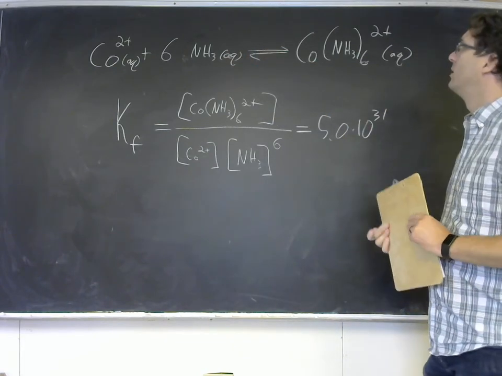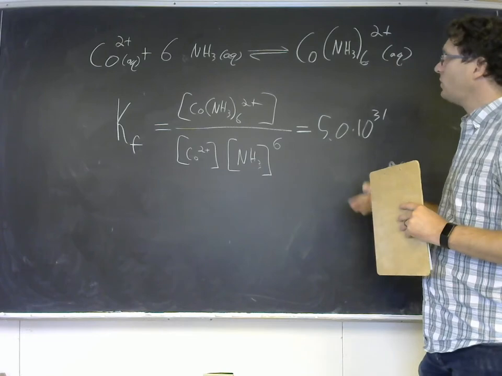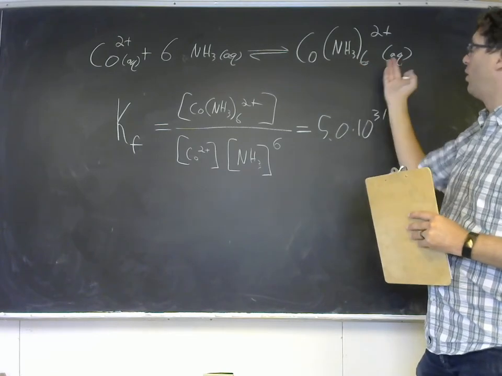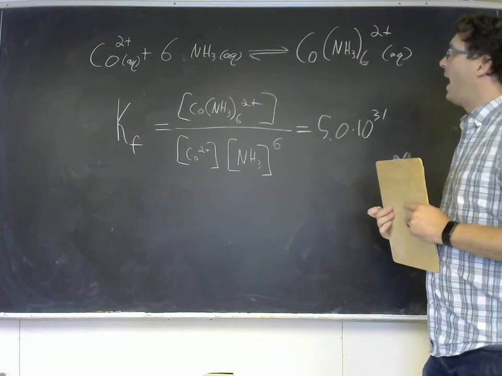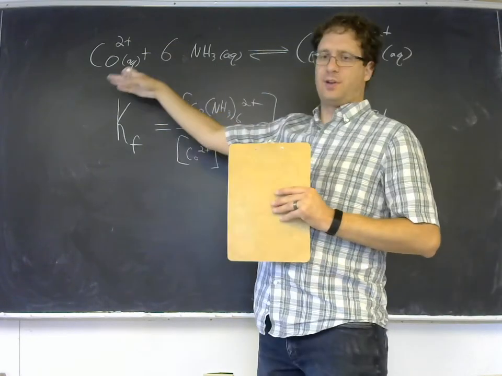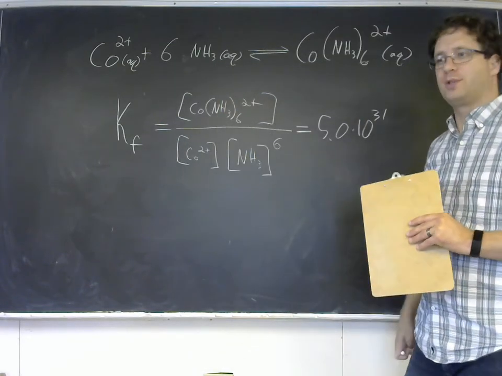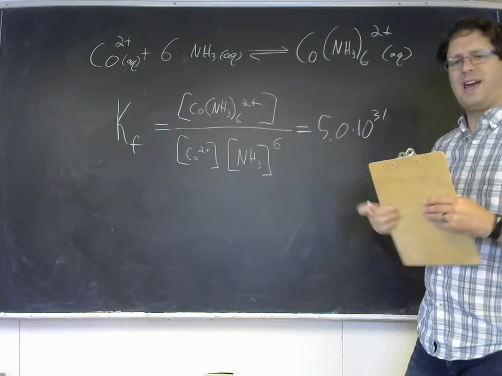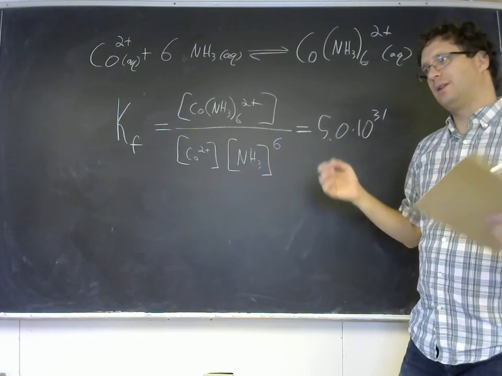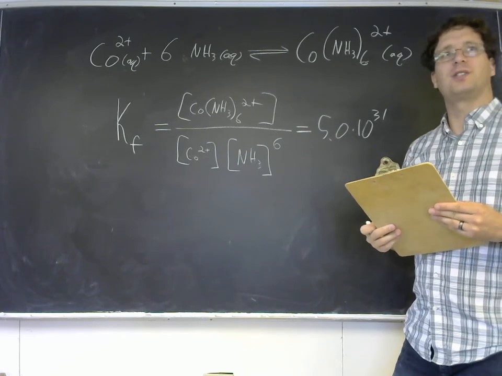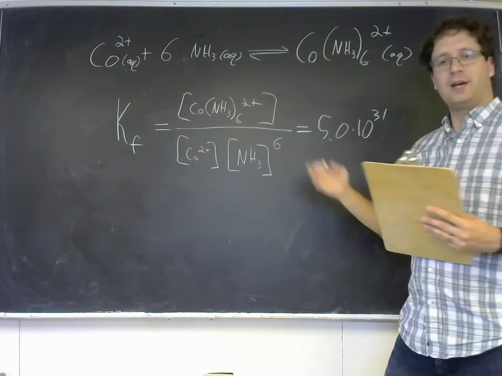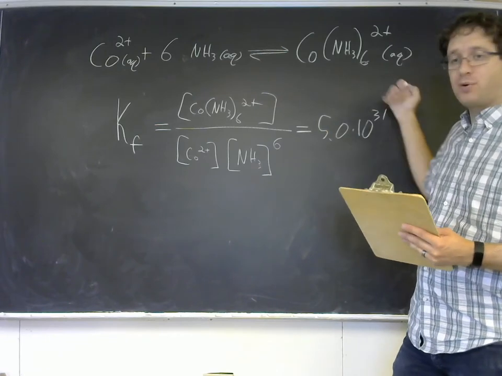There's going to be a lot of the cobalt hexaamine complex ion, and not very much of the metal cation cobalt or the ammonia around at equilibrium.